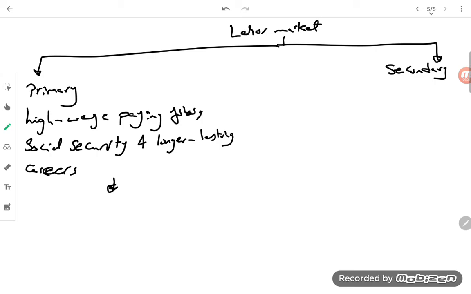But it's also defined as jobs that require formal education.